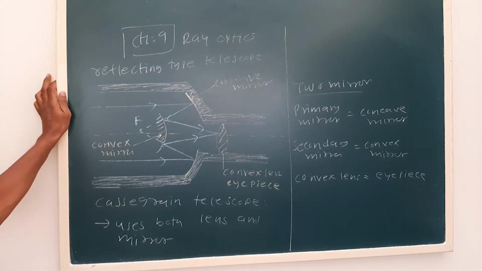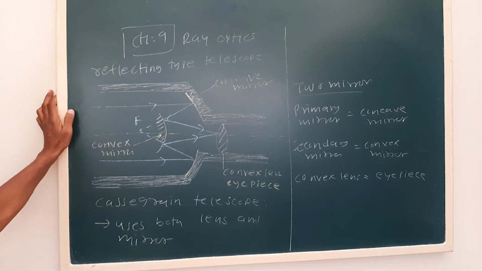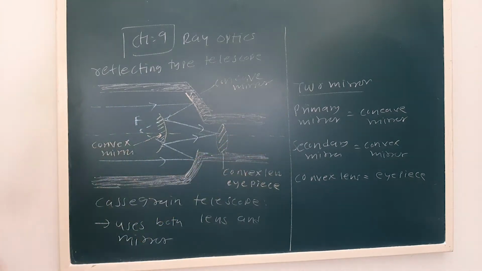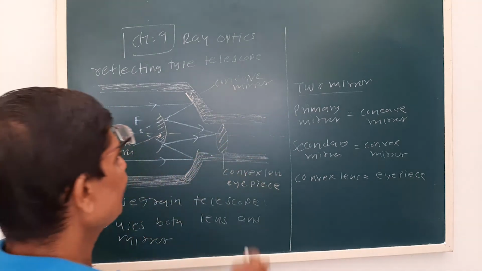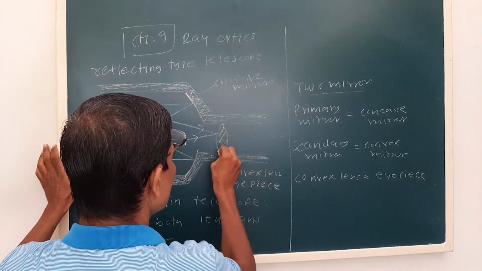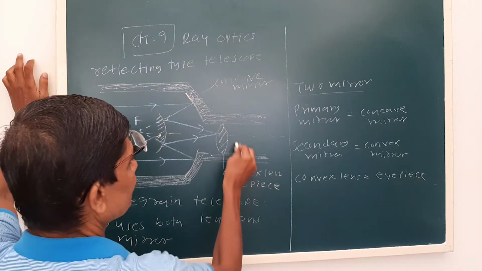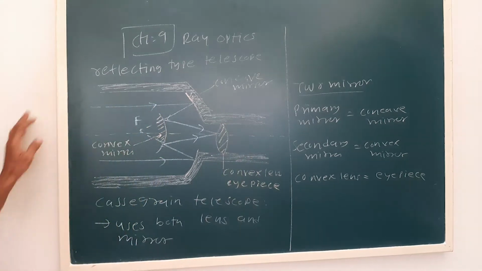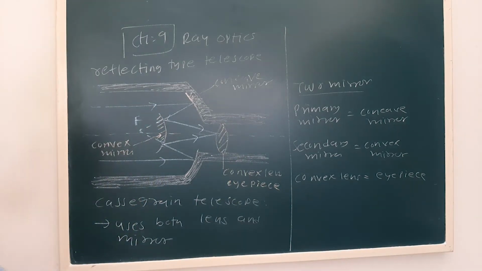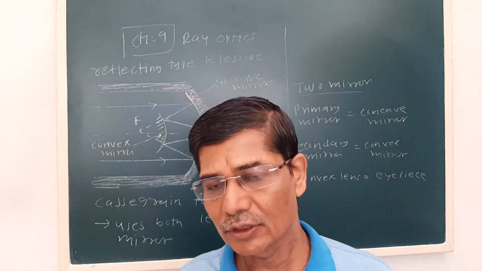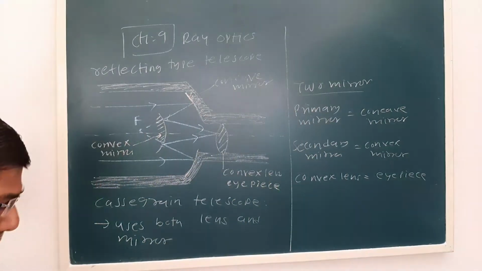Now we know a convex mirror is a diverging mirror, so the rays will be separated. But to concentrate these rays, we use an eyepiece, that is a convex lens. And here this is an eyepiece where the image is formed. Correct? So this is about a reflecting type telescope. Unlike refracting telescope which uses only lenses, it uses a combination of mirror and lens.